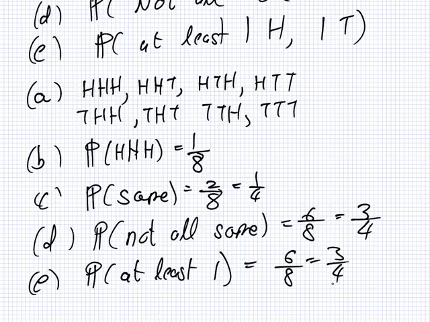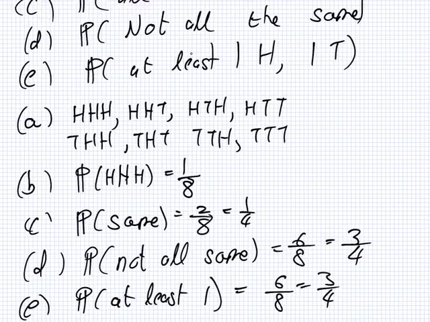So not all the same is the same as saying at least 1 of each. This is where these questions can get a little bit hard, because you need to be careful with your English.